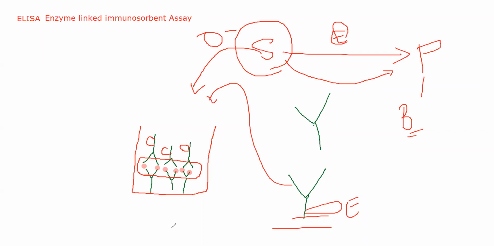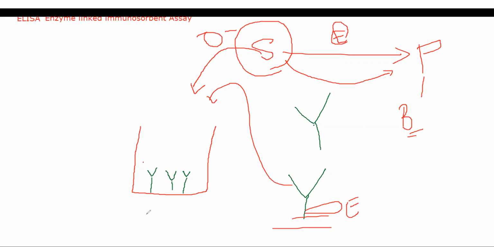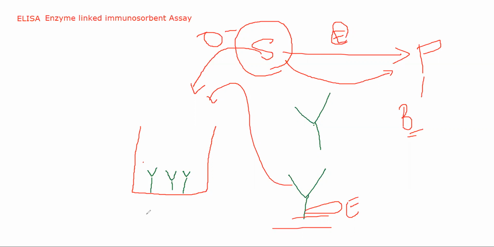I'm taking one microtiter plate. Okay, in that I'm attaching some antibodies. All right, so let's suppose I'm attaching antibodies here. I am trying to find out the concentration of antigens present in a patient's blood.